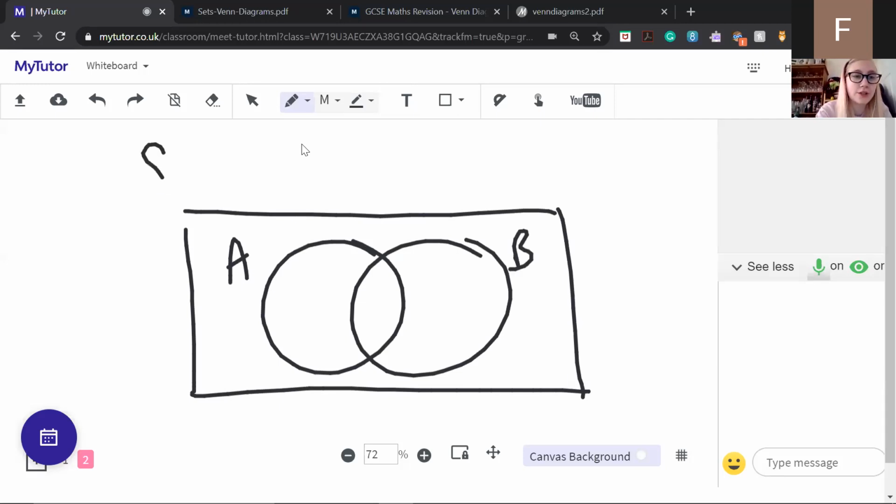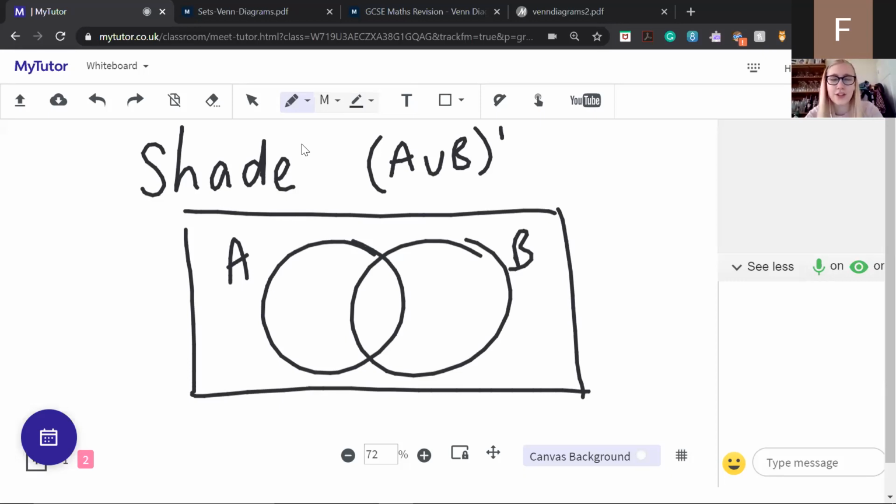Let's say we have a question that says shade this. So this is what I mean, you can have some weird, horrible combinations, right? So shade, and what this means is not A or B.